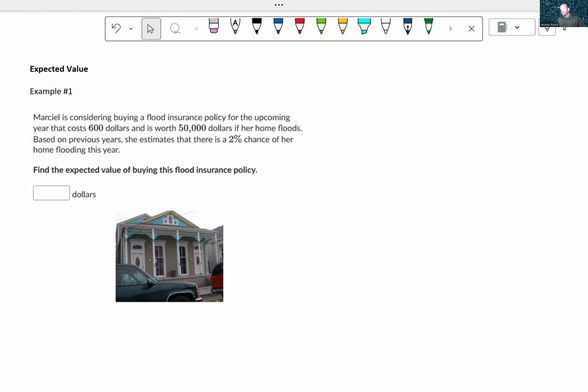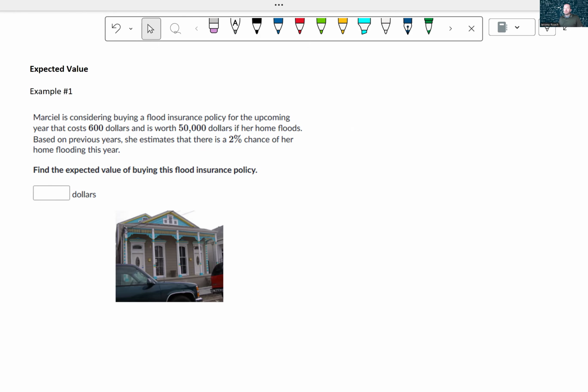It says Marciel's considering buying flood insurance that costs $600 and it's worth $50,000 if her home floods. Based on previous years, she estimates that there's a 2% chance of her home flooding this year. Find the expected value of buying the flood insurance policy.